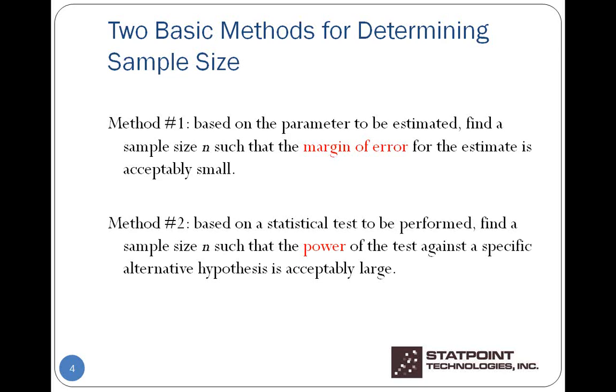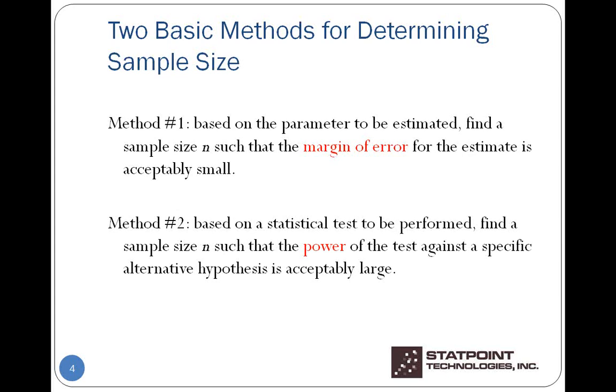Method number two has to do with doing statistical tests. What we do with method number two is we typically set up a set of hypotheses, a null hypothesis and an alternative hypothesis. And we ask, what sample size do we need so that the power of the test is sufficiently large?